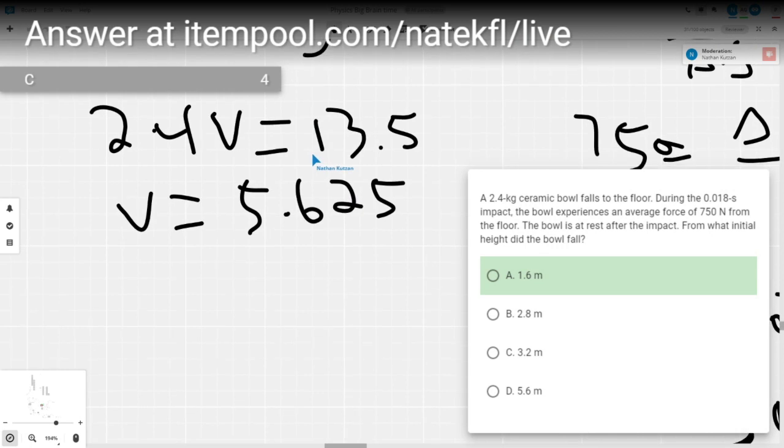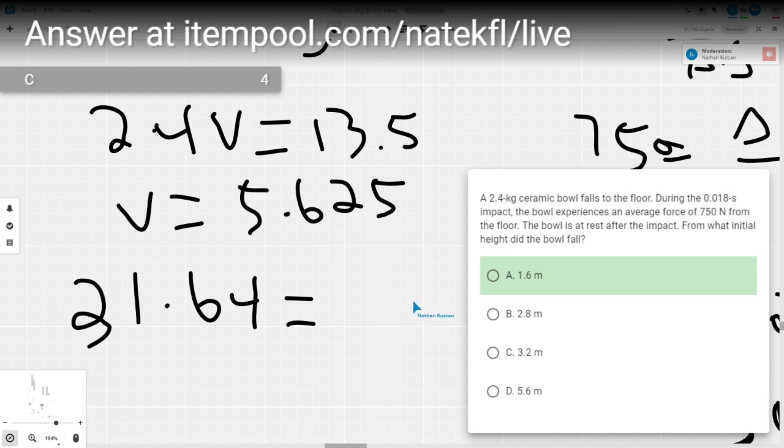So now that we have velocity, we can plug it into the equation we used before, which is v squared is equal to 2a change in x. So v squared is 31.64, equal to 2 times a, which is 10 in this case, times change in x. Then we just solve for change in x.